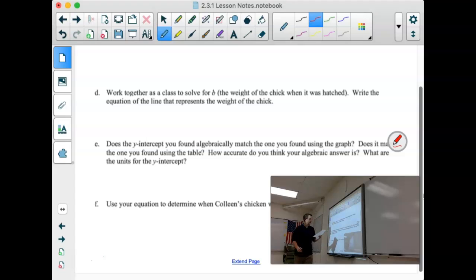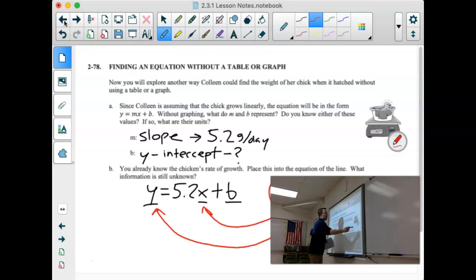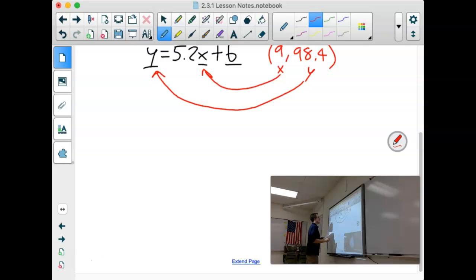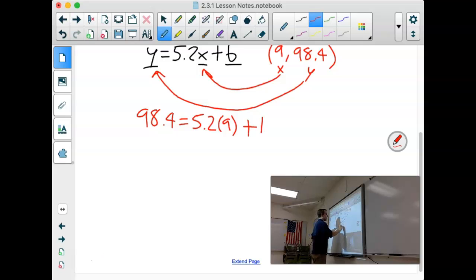So if we plug in those values like I just had on the last page, I'm going to go to the last page because I have a little more room. If we plug those in and try to solve for our intercept, we would get 98.4 is equal to 5.2 times 9, and then plus our intercept, which is b.